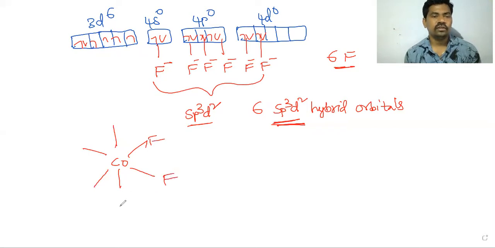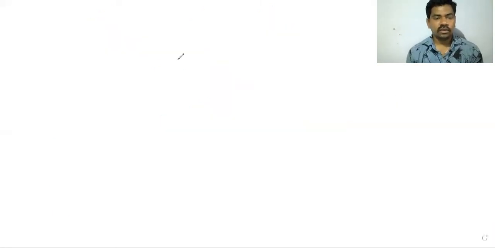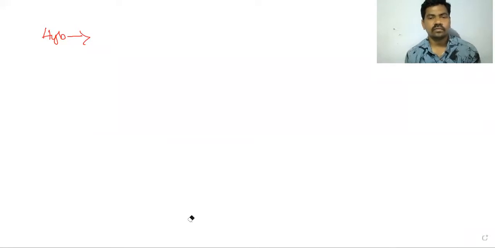Chlorine, chlorine, 3 minus. So this is the structure of this coordination complex. And here, what is the hybridization in this compound? Hybridization is sp3d2.